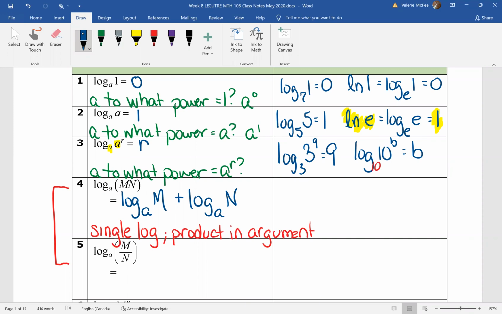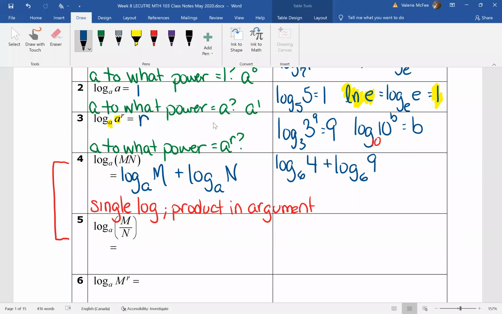What's an example we could do here? This is a property we often use in reverse. Notice that we're starting with the sum of two logs with the same base. If I look at log base 6 of 4, and I think about the question 6 to what power equals 4, I don't know an answer to that. I don't know an answer to the second term either. 6 to what power equals 9.